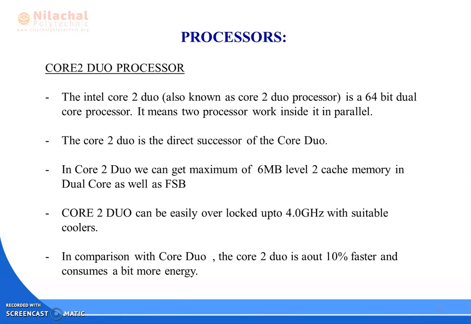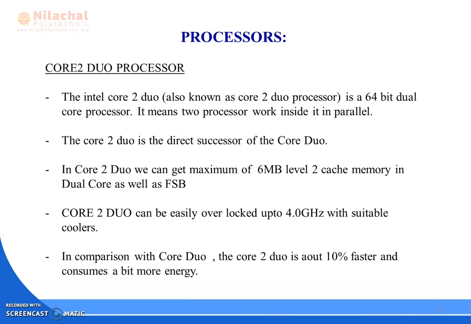Most importantly, the Intel Core 2 Duo is also known as a super overclocker, as it gives us a speed of 4.0 GHz, and as it runs so fast, it obviously generates a lot of heat. That is why, as we have discussed on the motherboard, we have heat sinks near the processors. This Core 2 Duo processor is also provided with suitable cooler pins.